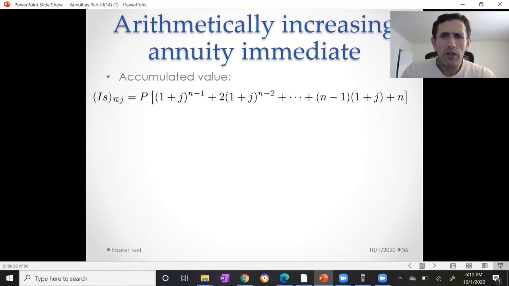So factor out a P, and this is what we have to sum up. If you want a good, interesting problem to do, try and come up with that. You add all these up and you get this formula right here. And this is quite nice because you can use our calculator to get s-double-dot n at j, no problem at all.